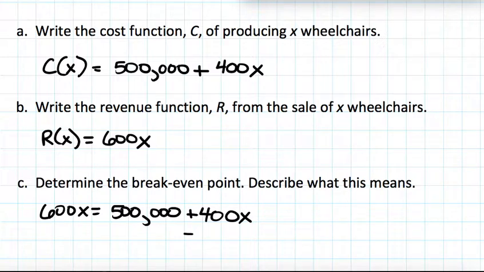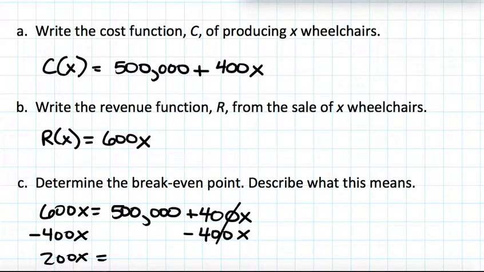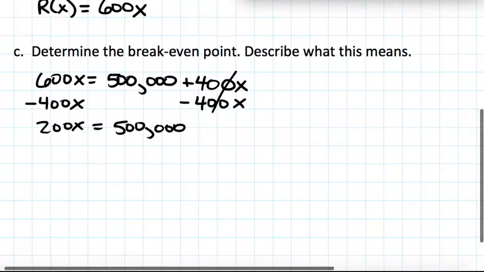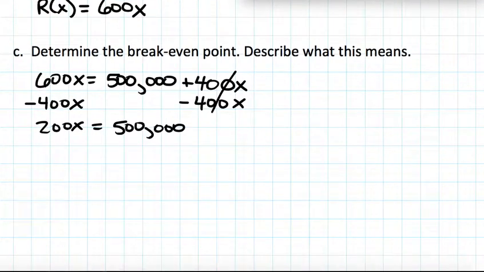So I'm going to solve this equation. First, I'm going to subtract 400X from both sides. And then I'm going to divide both sides by 200.